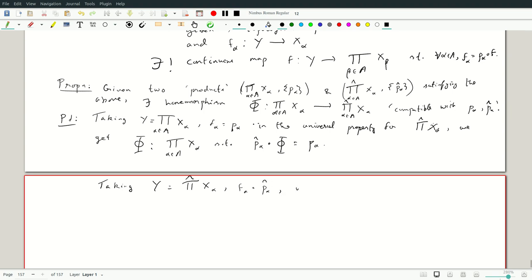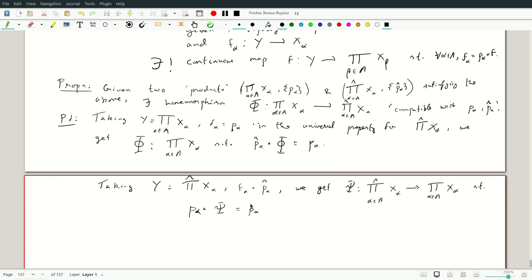Reversing the roles, we get a map psi, which maps this time the product hat of alpha in A of X alpha to the usual product of alpha in A of X alpha, such that this time, if I look at the stitched together maps P hat alpha, this means that P alpha composed with psi, let's check the direction, psi is going to take your product hat to the product, and so P alpha does compose with it.